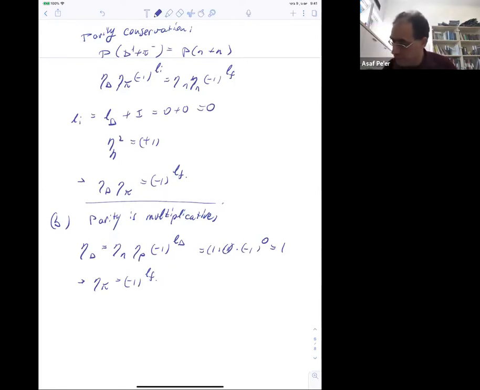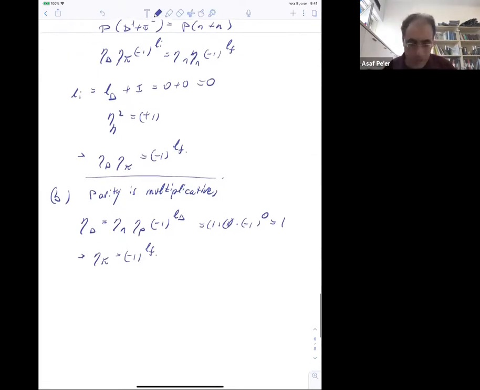So it means that eta pion is (-1) to the power L final. So now we just need to find out what L final is, the orbital angular momentum of the final state. So it remains to find LF.